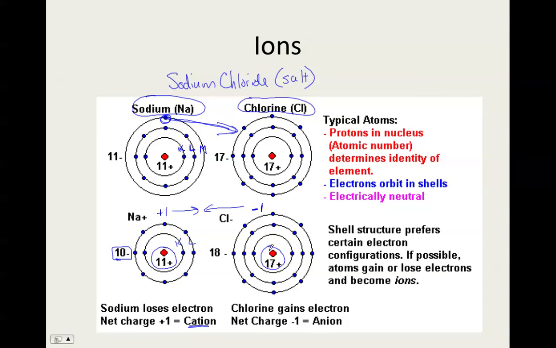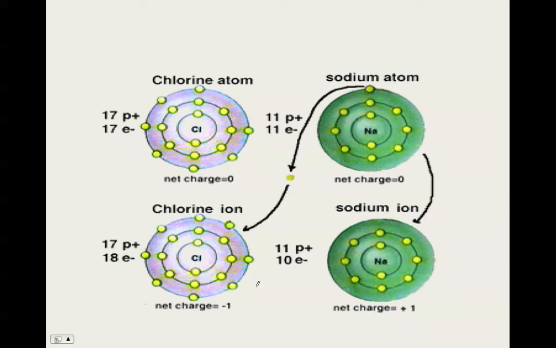And with the chlorine atom, you have 17 protons. The electron is taken from the sodium. It gives you 8 electrons in the outermost shell, so the shell is full, and a total of 18 negative electrons and 17 positive protons, which is an electrical imbalance of -1. So the oppositely charged ions form that compound.